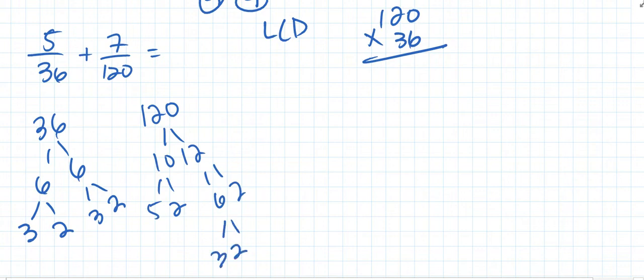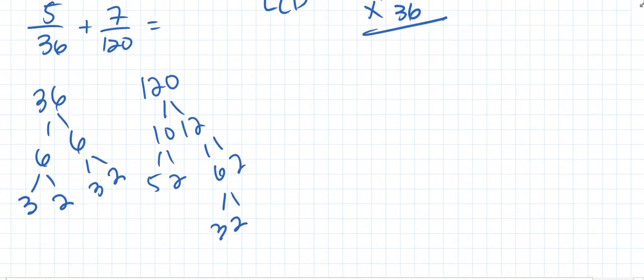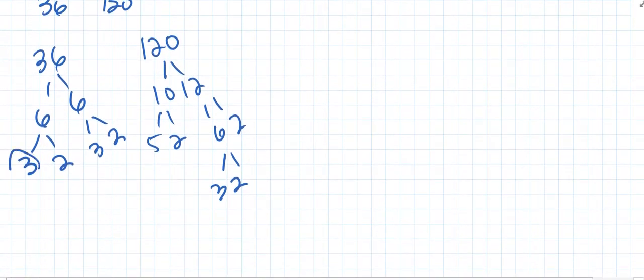Why? 10 times 12 is 120. You can see that. 5 times 2 is 10, 6 times 2 is 12, and 3 times 2 is 6. And then we're going to identify our prime factors. The prime factors of 36 are 3, 3, 2, and 2.